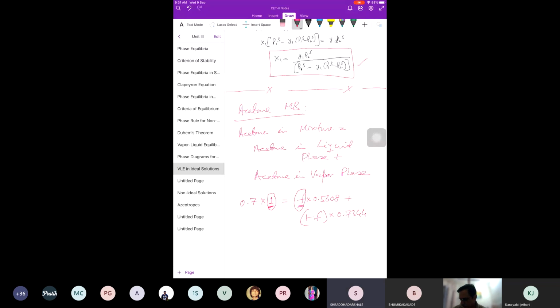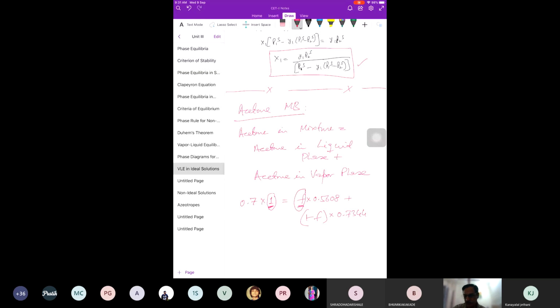F is 0.198. So 19.8% is liquid and 80.2% is vapor, right?